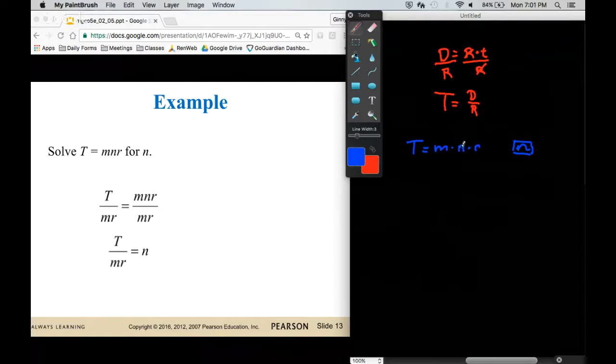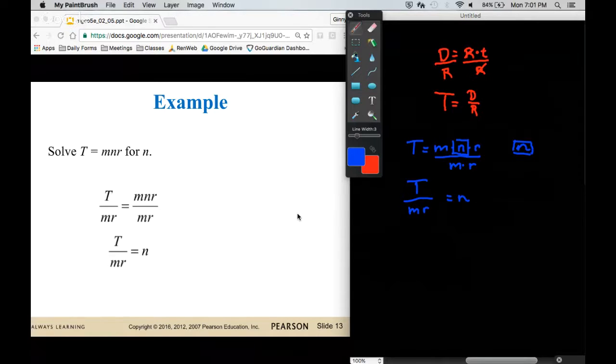All right, so to get the n right here by itself, this is multiplication. The opposite function would be to divide both sides by m and r, and you can do that all in one step. All right, so you would end up with t over mr equals n.